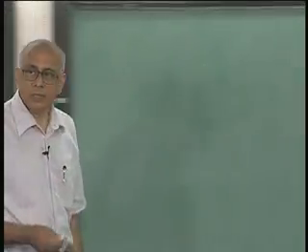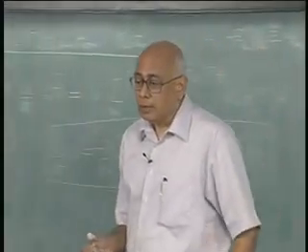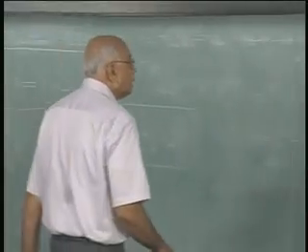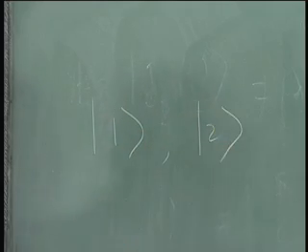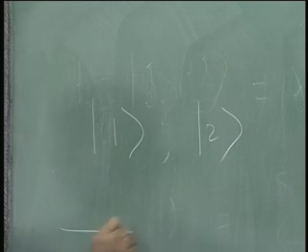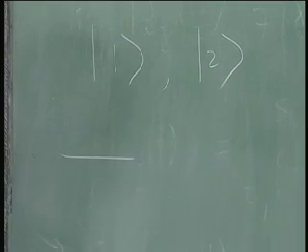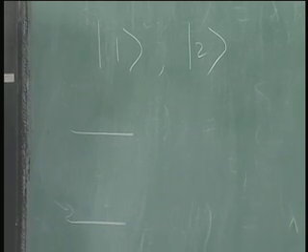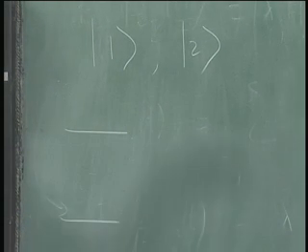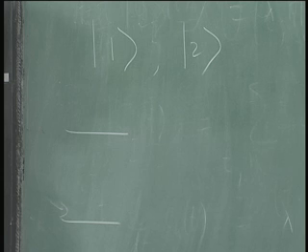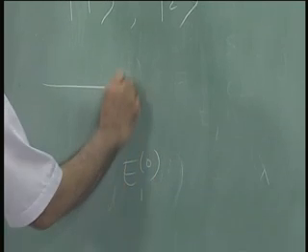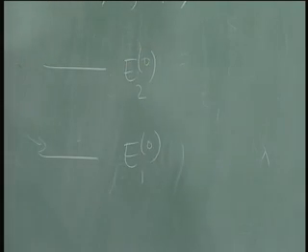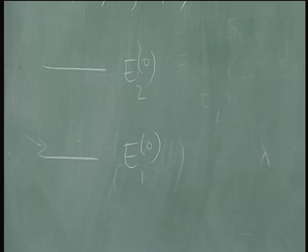I have a spin half system, or an atom in which I assume that there is just a ground state and an excited state, it does not matter, and I end up with 2 kets, one of which is 1, 2, that is it, just a 2 level system, either the ground state and the excited state of an atom, or if I put it inside a magnetic field, this would correspond to spin down and spin up states, for example. Whatever it is, this has some energy E1 0 and this has energy E2 0. So that is my unperturbed system.